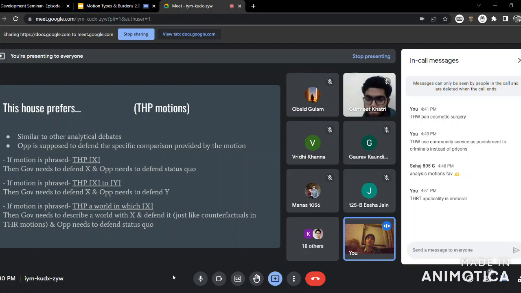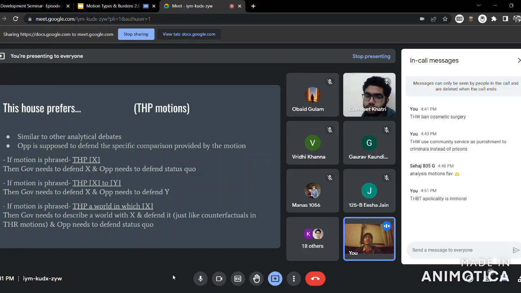The second type of motion is this house prefers X to Y. Here the people who set the motion have clearly specified what gov has to defend and what op has to defend. So this can probably be this house prefers compulsory conscription as opposed to conscription by lottery or anything.